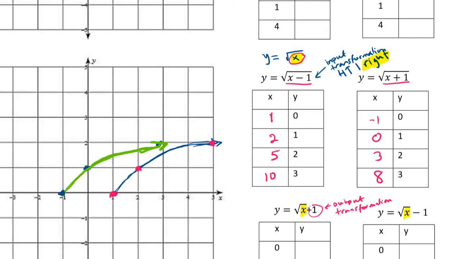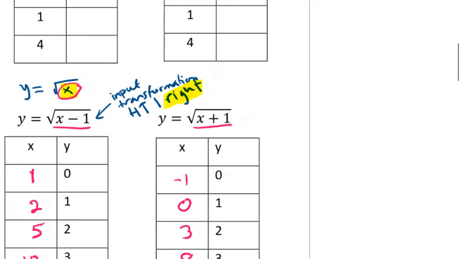So let's go back here and notate for your information that this represents horizontal translation 1 left. The other one was 1 right. I want to make sure I emphasize the left because it sounds counterintuitive.